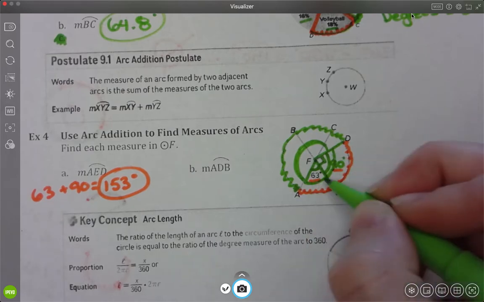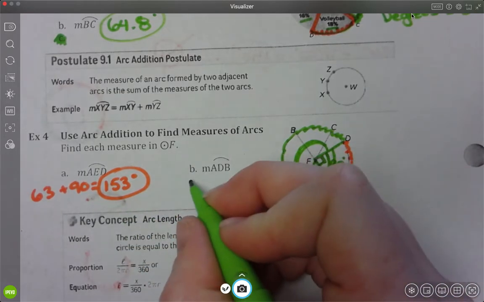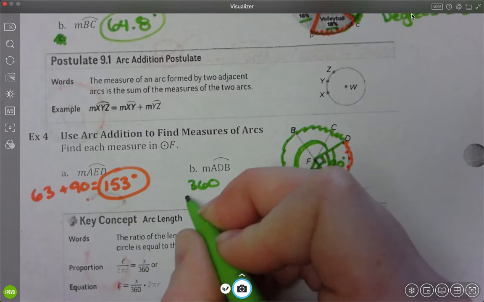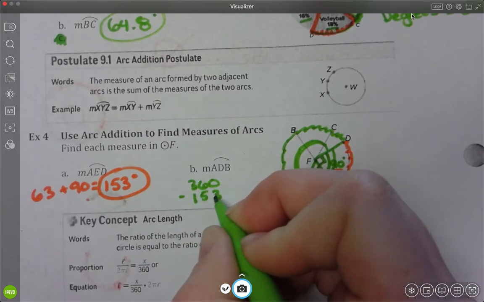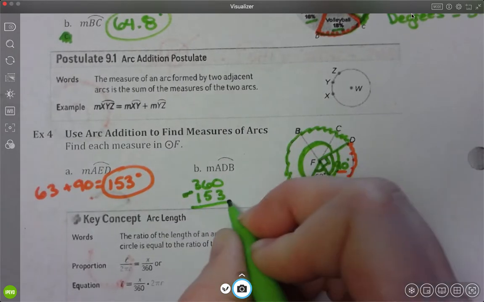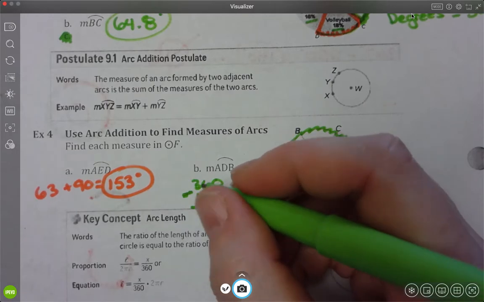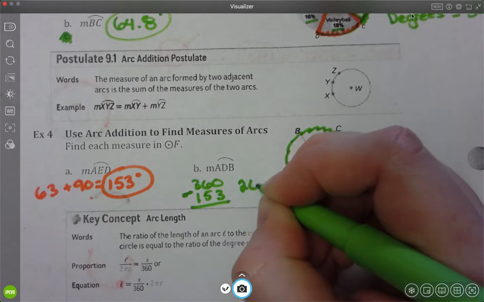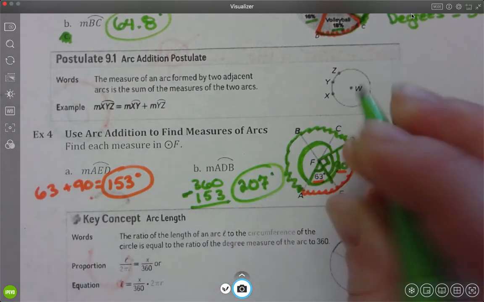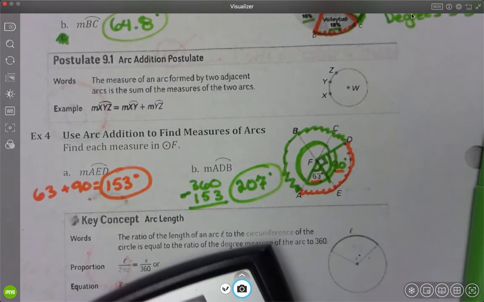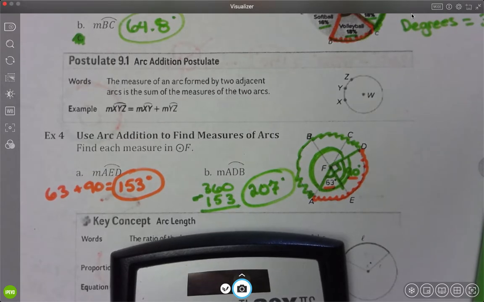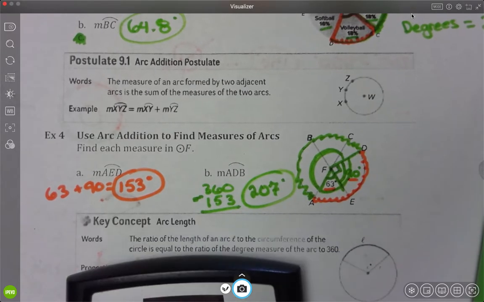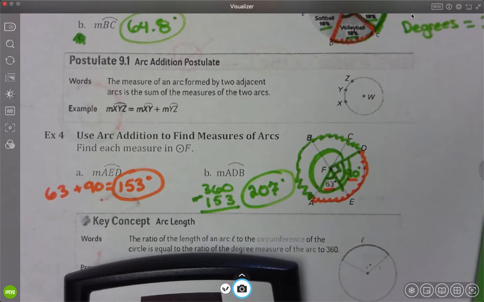I know that this chunk right here is 153, and I know that the whole thing is 360, so I'm just going to subtract 153 from that. And that's going to give me like 207, I think. 207 degrees. Let's check that. 360 minus 153 is 207 degrees.